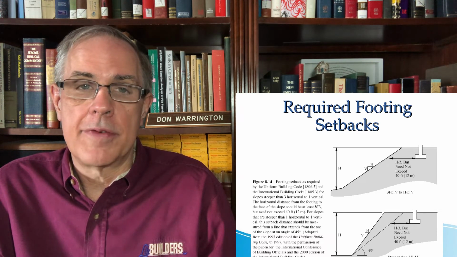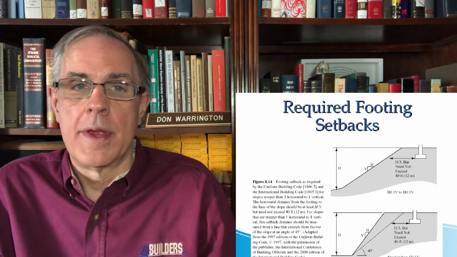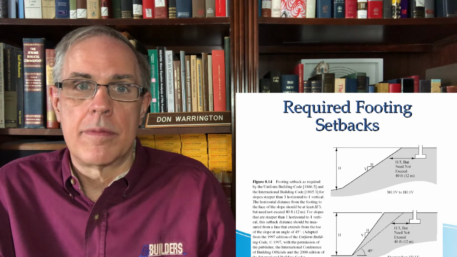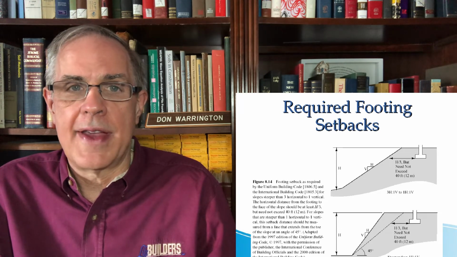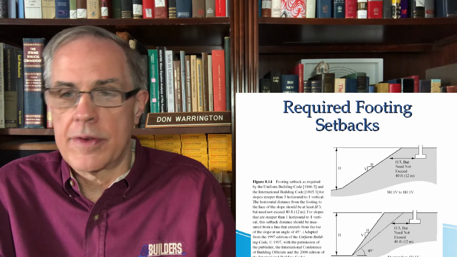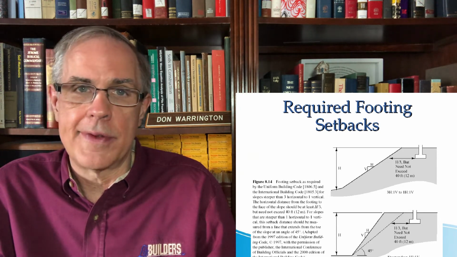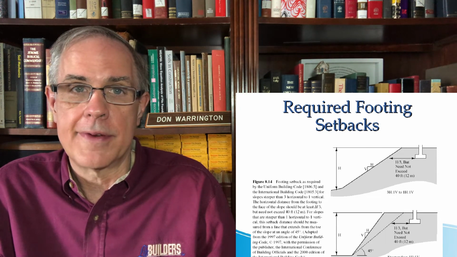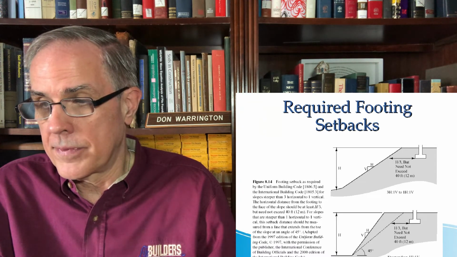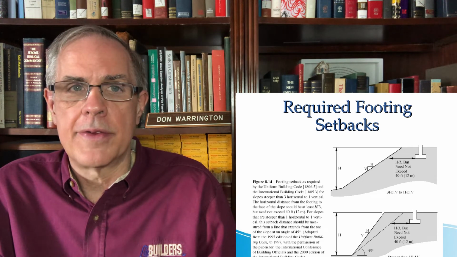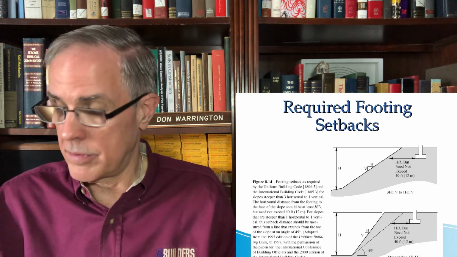Today, a lot of it is done using software, and you could include all kinds of stuff. You could include the existence of soil nail walls on the slope. I've got software on my website which actually does that, about footings on slopes. All kinds of stuff can be included.